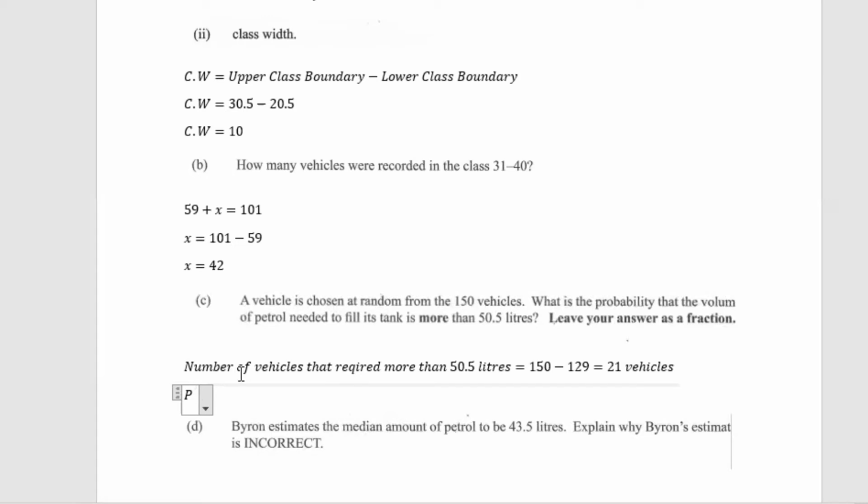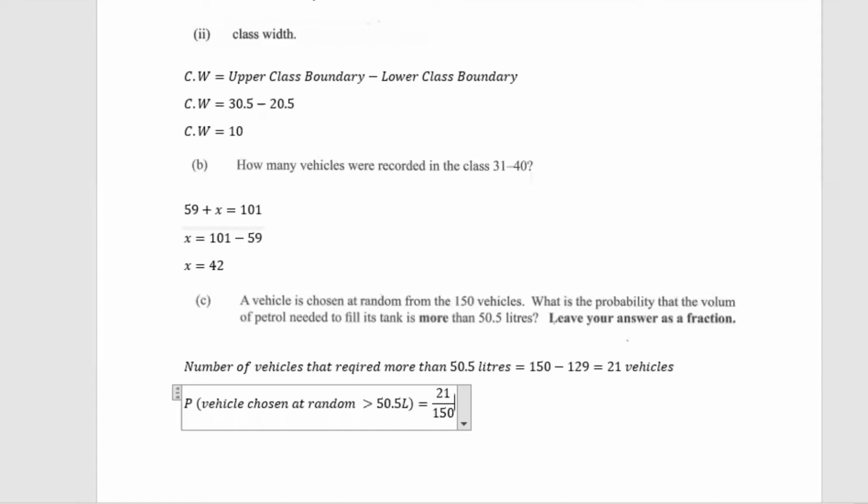So the probability of a vehicle chosen at random that required more than 50.5 liters would be equal to the number of vehicles that required more than 50.5, which is 21, over the total amount, which is 150 vehicles.